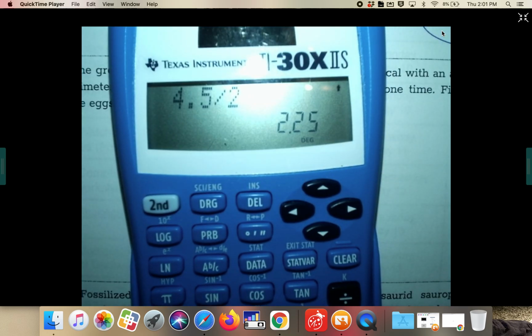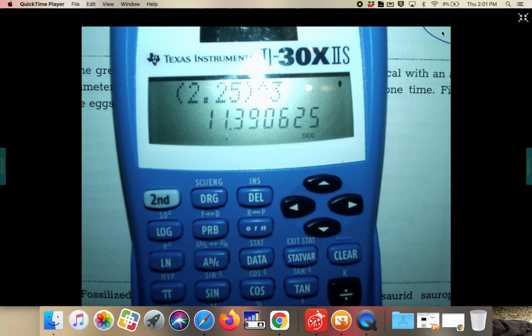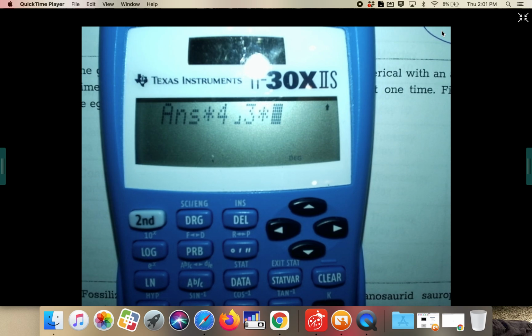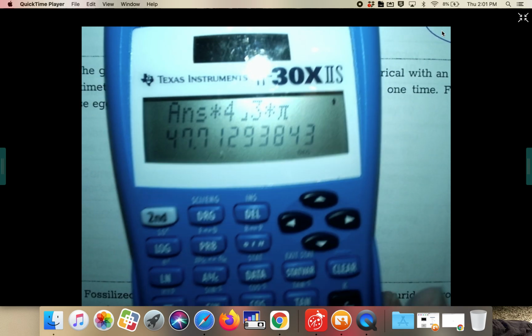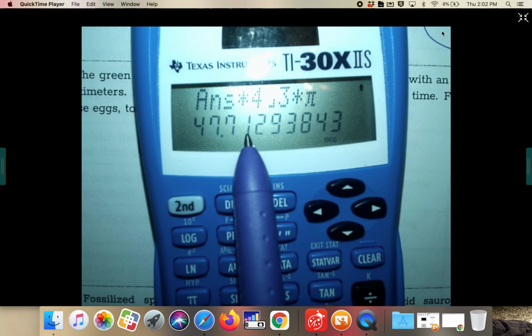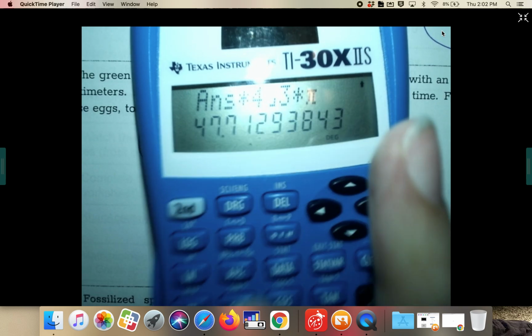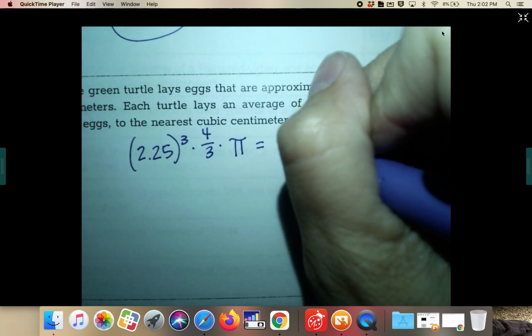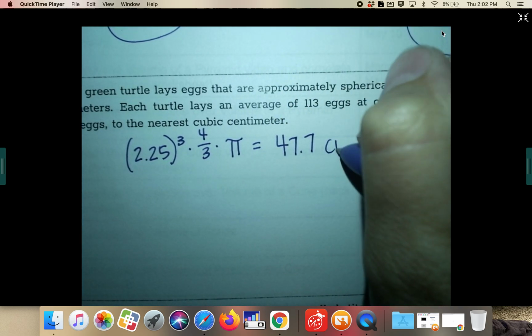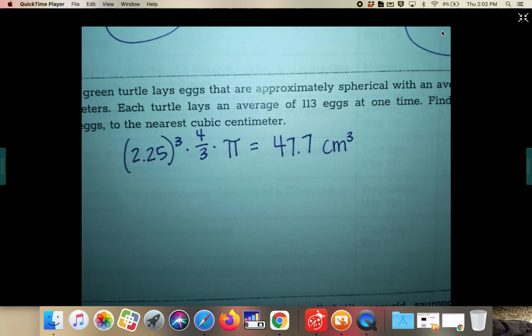So I'm going to do 2.25 to the 3rd power, push equals, times 4/3 times pi button, 47.7. That's going to stay 7. The 1's not going to bump it up. So 47.7 cubic centimeters is 1 turtle egg.